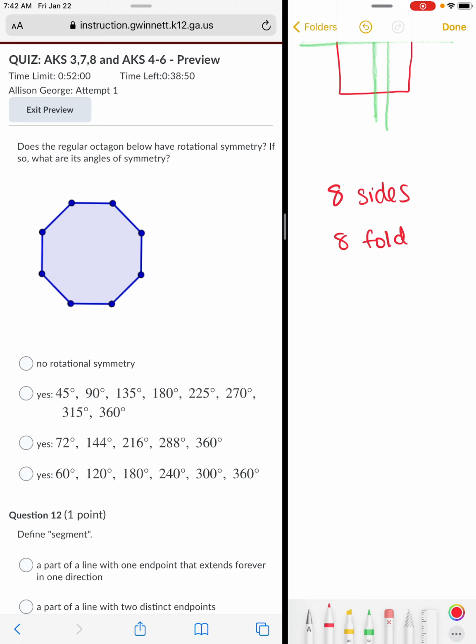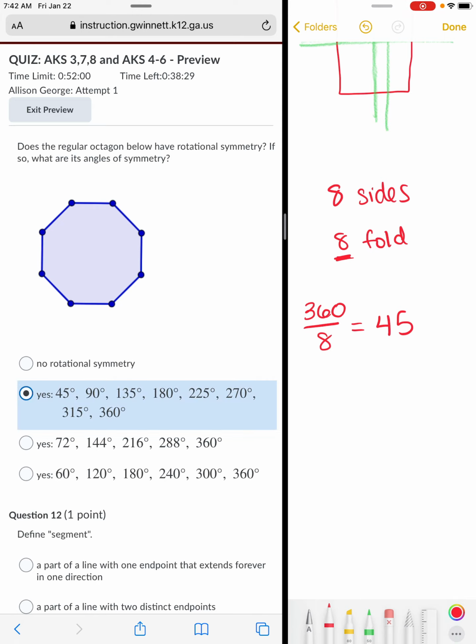In order to find the angles of symmetry, we use this number. We take 360, because that's a full circle, and we divide it by the number of sides that this shape has. So when I do that, 360 divided by 8, I get 45.